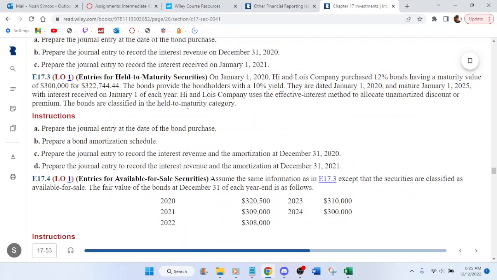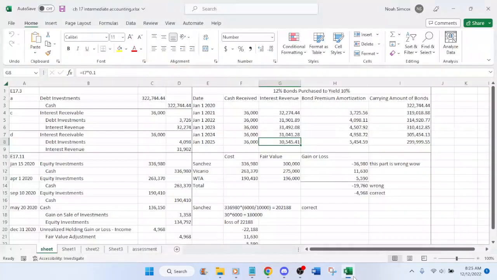Okay, prepare a journal entry to record the interest revenue and amortization at December 31st, 2020. So at December 31st, 2020, let me think about this here. What you will have in your journal entry is accounts receivable.